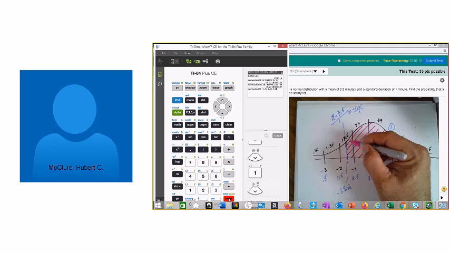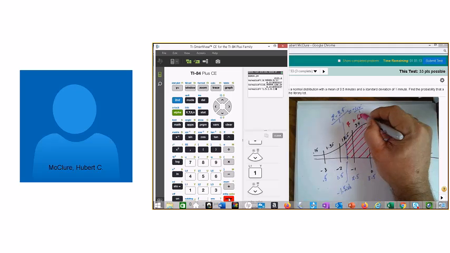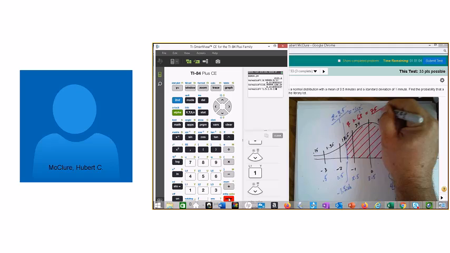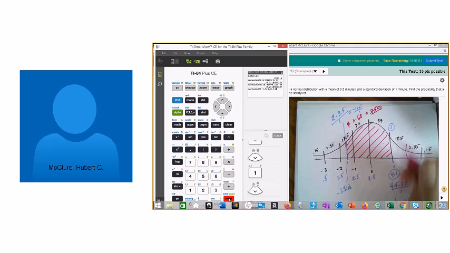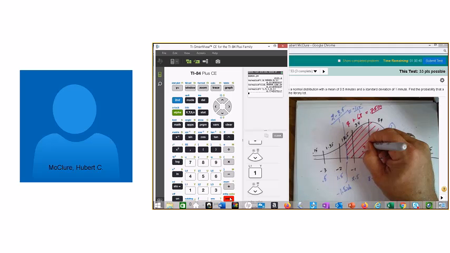So 7 plus 68 is equal to what? 75? 7 plus 8 is 15. So I'm going to say it's around 0.7500 by the empirical rule. Let's hit enter, and it comes out to be 0.7745. So the actual answer is 0.7745.